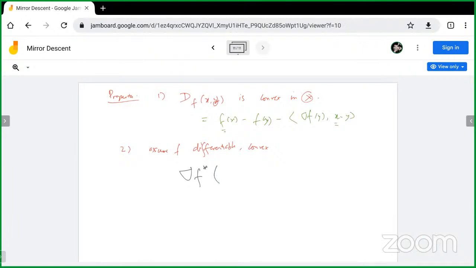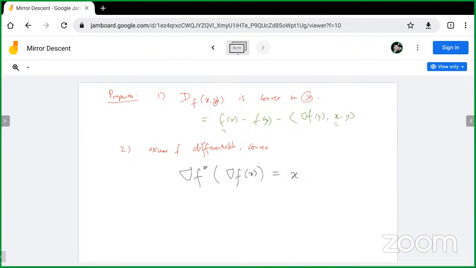If I take the gradient of f star at the gradient of f at x, then what will I get? This is x, from the equivalent properties from the book. And because f is differentiable, so some gradient is generally gradient. So yeah, that's this thing.